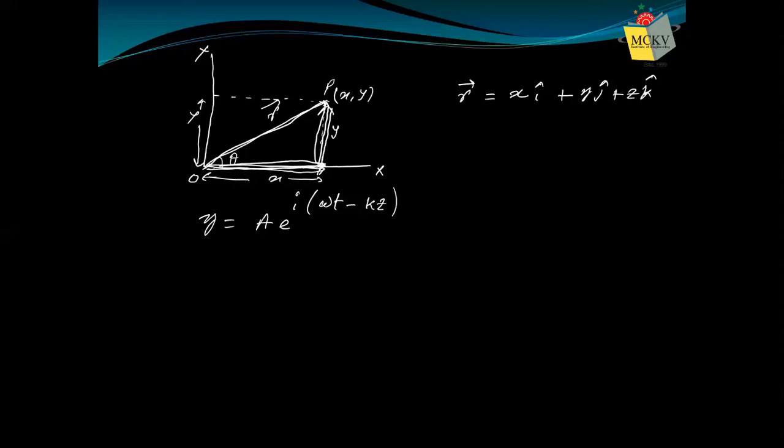So this z will now be represented by arbitrary direction r. Now what about this k? This k, the wave number, is the magnitude, understand it, of a quantity called propagation vector.